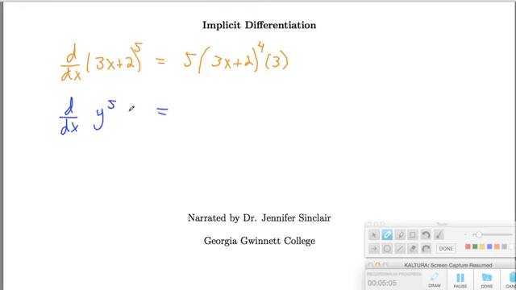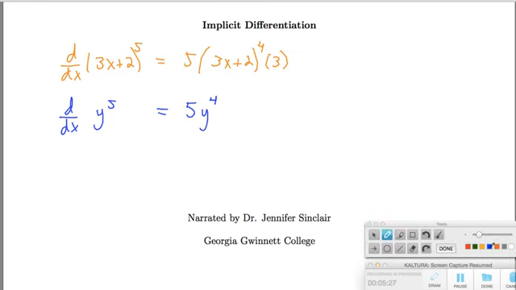all you could do is say the derivative with respect to x of y to the power 5 is 5y to the power 4. Now you know you need a derivative of the inside part because y could be anything. If it had been x to the power 5, you'd be done. It would be 5x to the 4th.